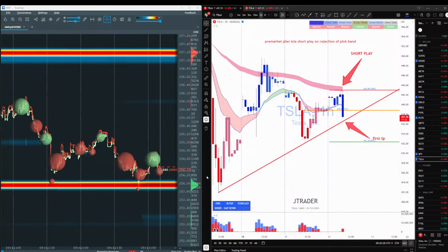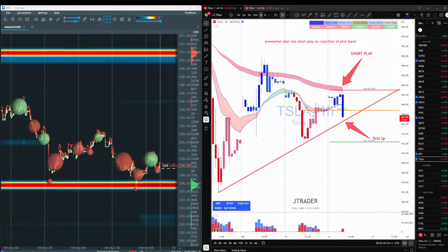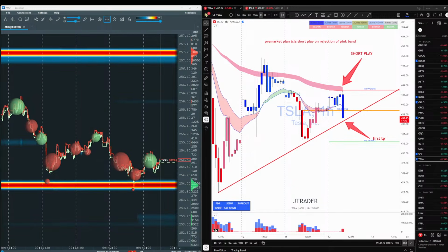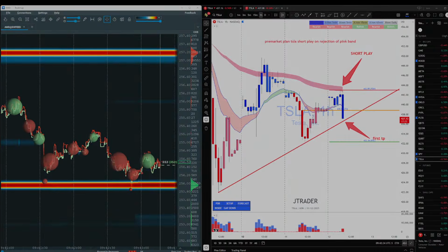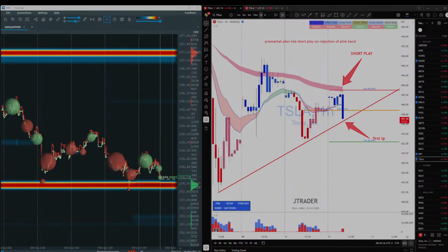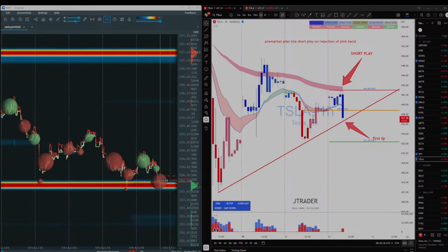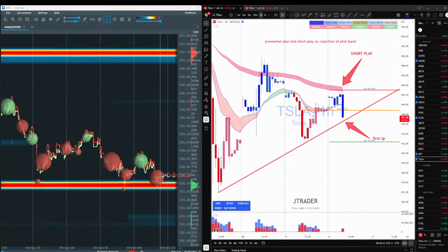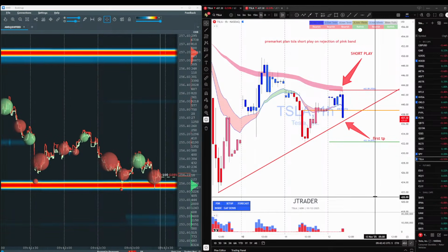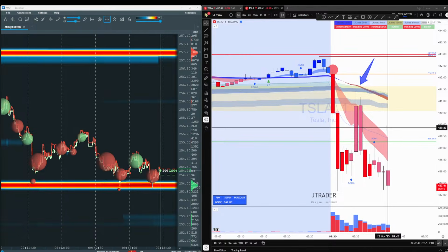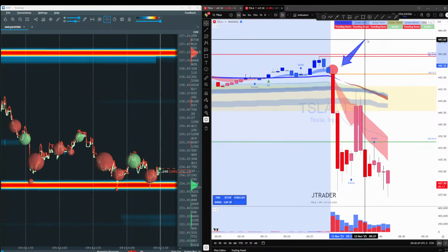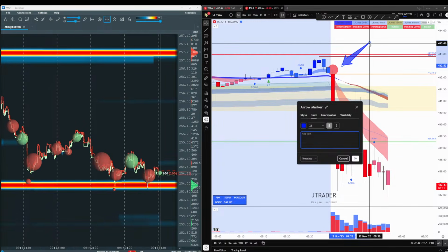So we have over here 254 on AMD from 257.50. So we're up 3 points on that. And then over here, you can see our major short play.